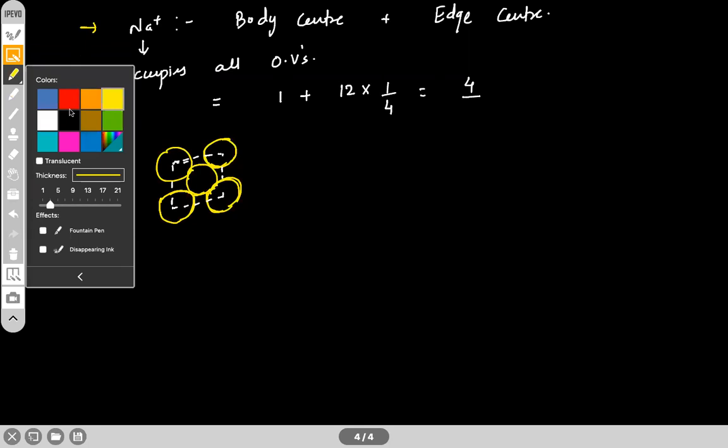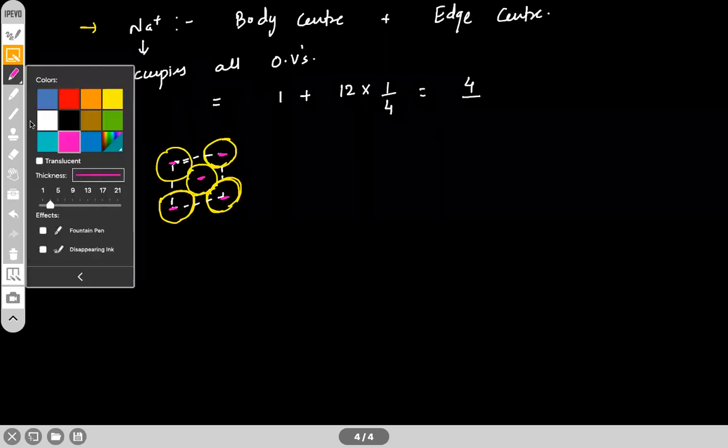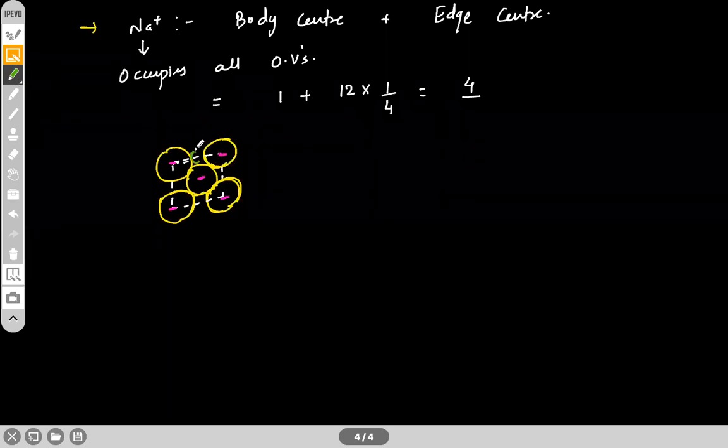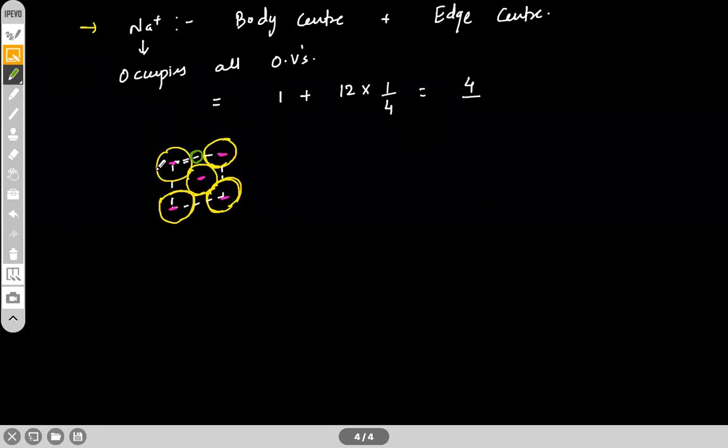The anions are present over here at the center, and this is also the face center, we have Cl minus present. So all these yellow ones are Cl minus. And we know the octahedral void is present at the edge center, right? You see, this is the edge center. These octahedral voids are present, right?